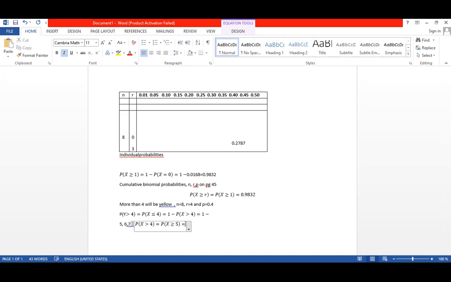Those of you who have the logbook? P is 0.4, R is 5 now. We get 0.1737.